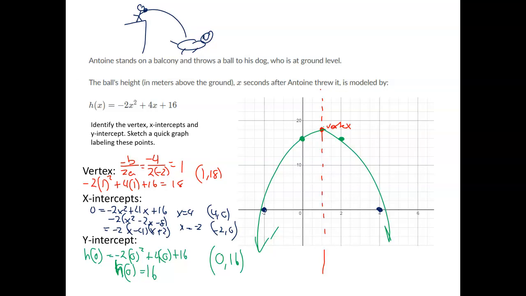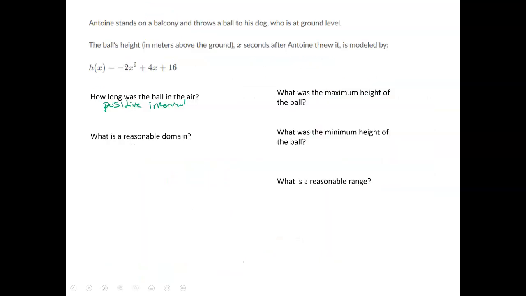When does it start? We start at 0. And it ends at 4. Okay, so my positive interval is from 0 to 4. So how much time is that? 4 seconds.